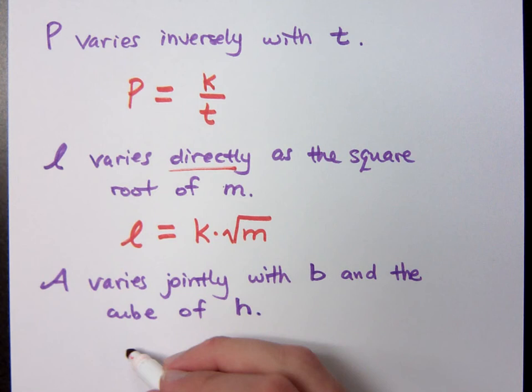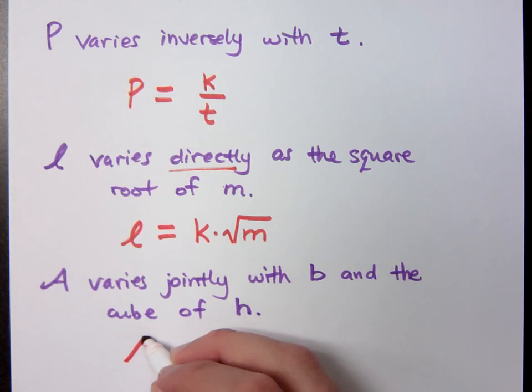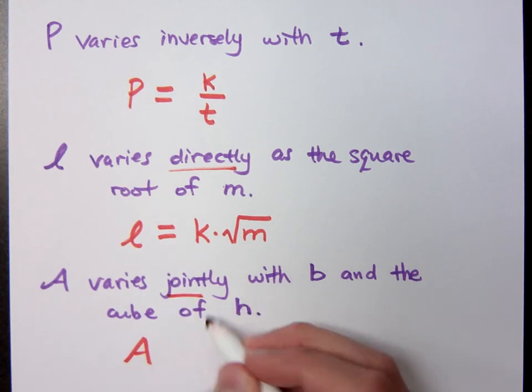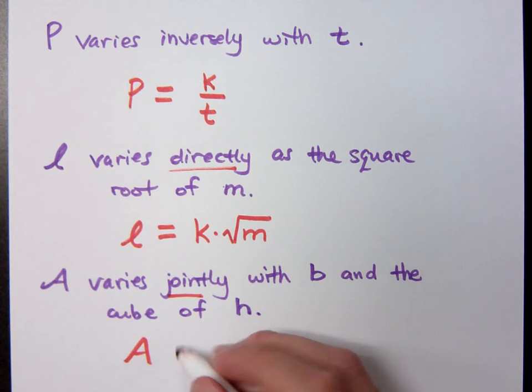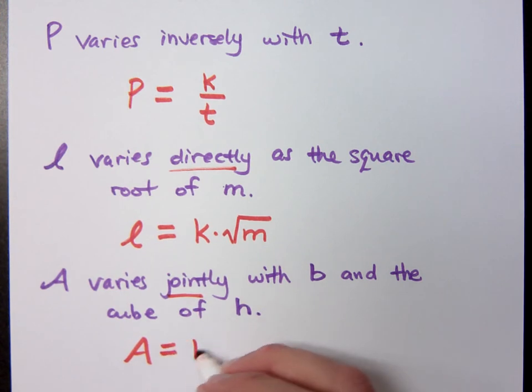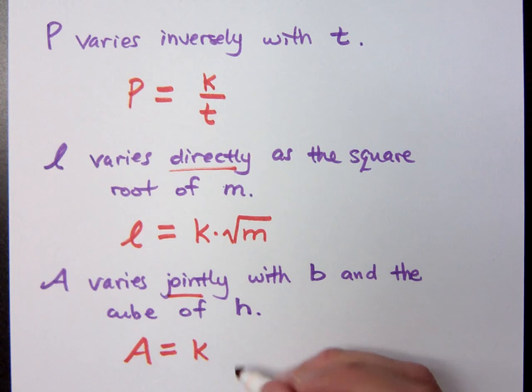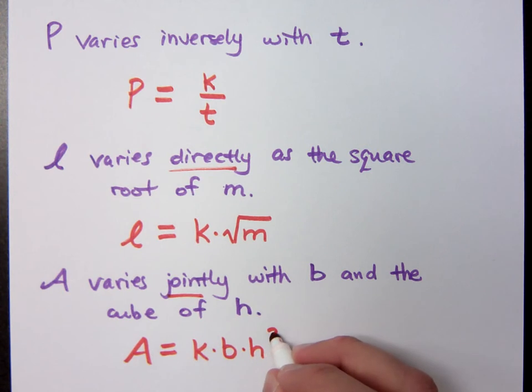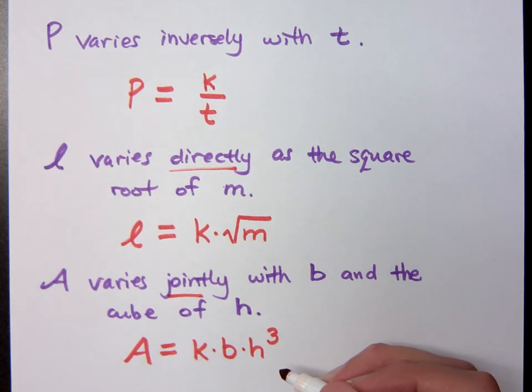Joint. It's going to be A equals. Okay, so joint variation. A equals K times B times the cube of H, which is H cubed. Why was there no division here?